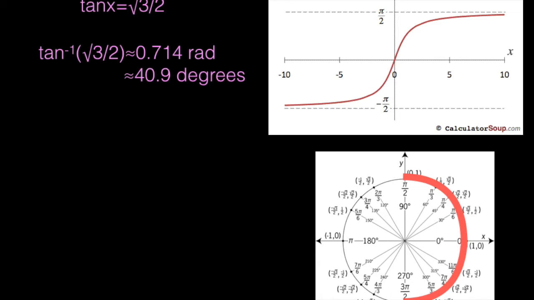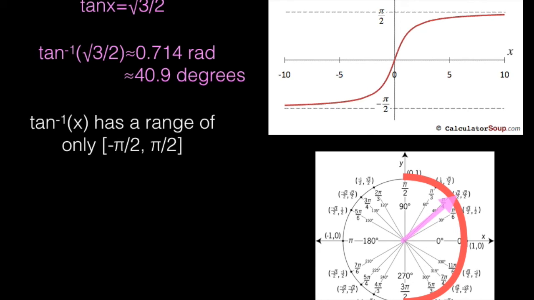It doesn't cover the values on the other side. This is problematic because if you just say that x is equal to roughly 0.714, well, when x is equal to 0.714, it makes tan x equal to root 3 over 2. You're technically correct, but you're not acknowledging all of the x values that make tan x equal to root 3 over 2.